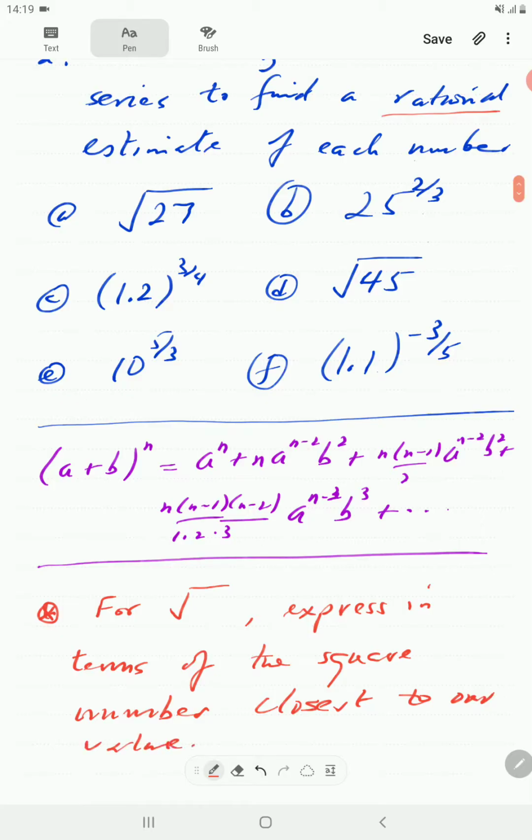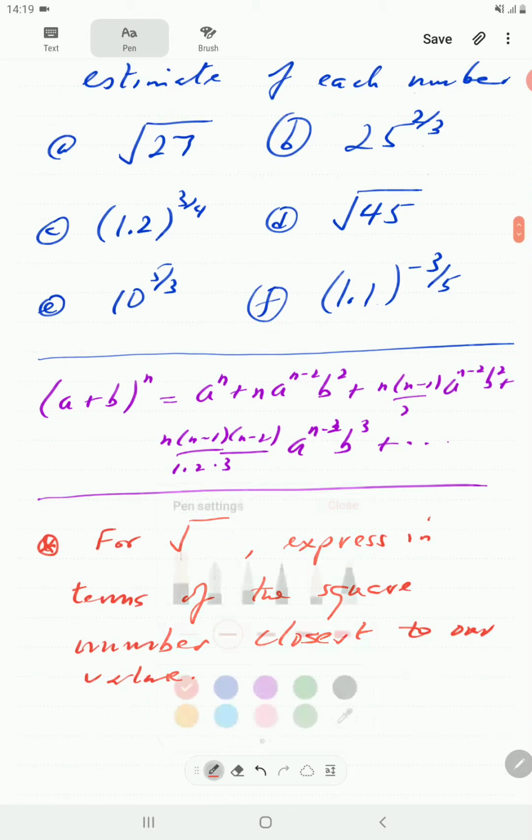Okay, so that's for square roots. If it's a cube root, then it's going to be a cube number here, etc. If it's a fourth root, then of course we do accordingly.